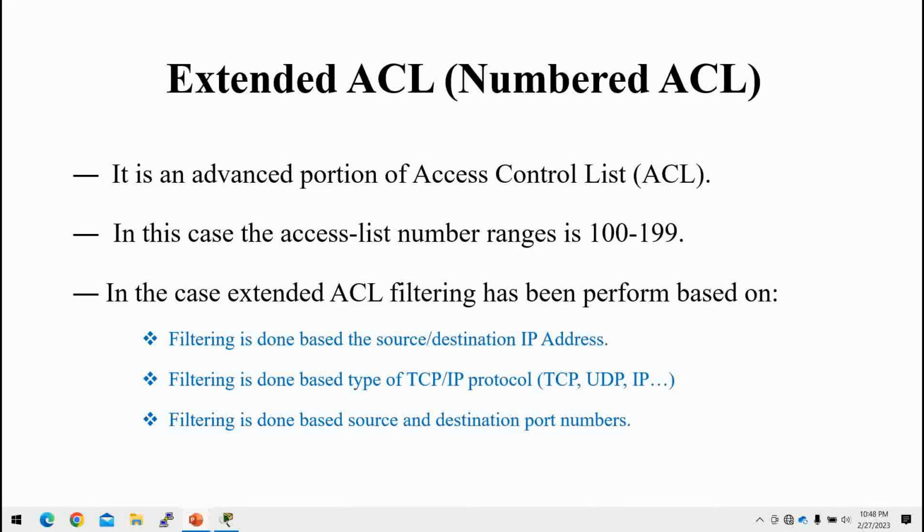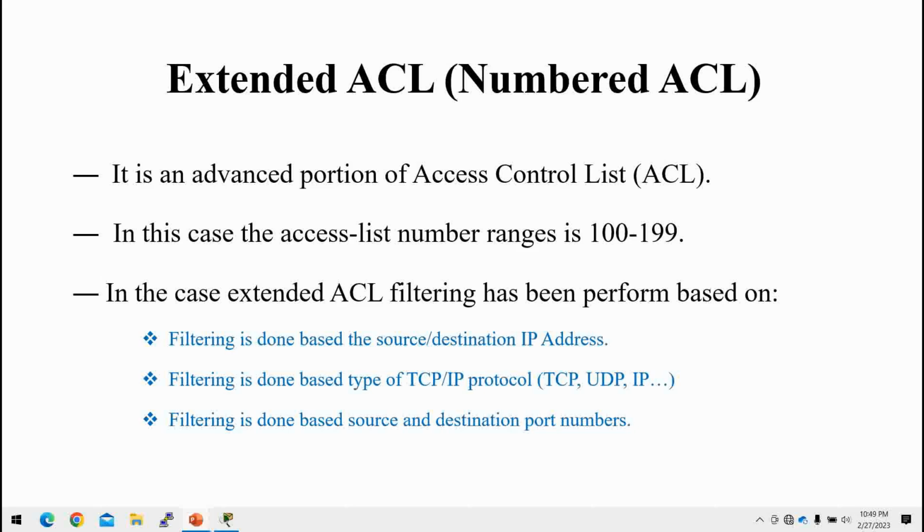Mostly this type of ACL mechanism is used for blocking specific services. In the case of standard ACL, if you are applying the standard ACL, you have to block all services. But in this case, we have to specify our service in order to apply this extended ACL.